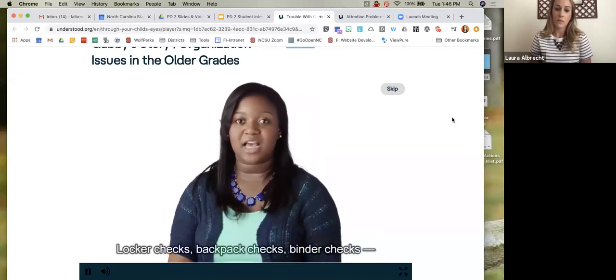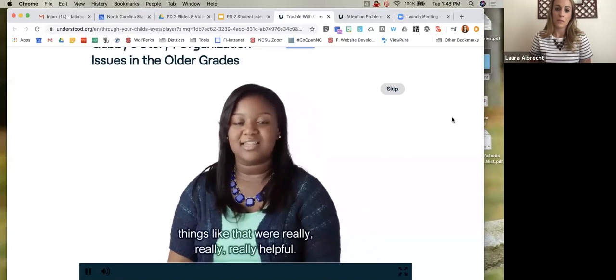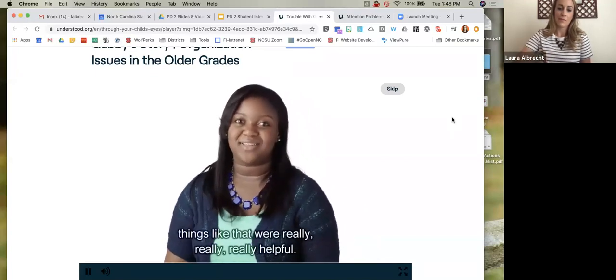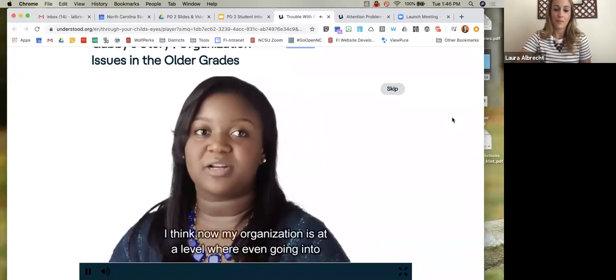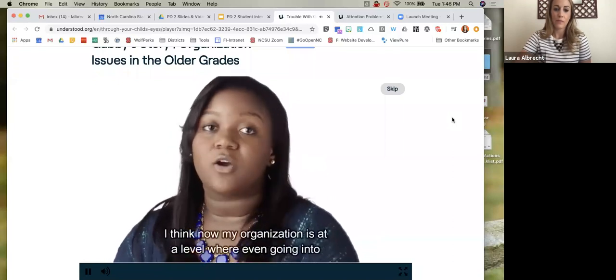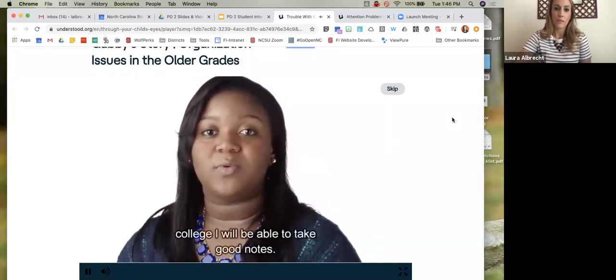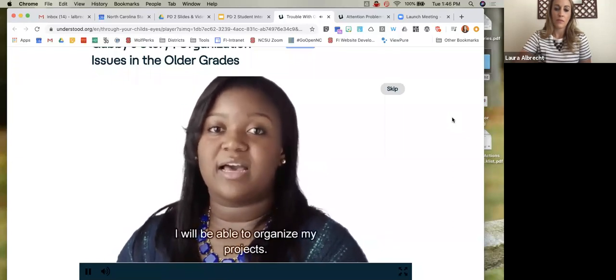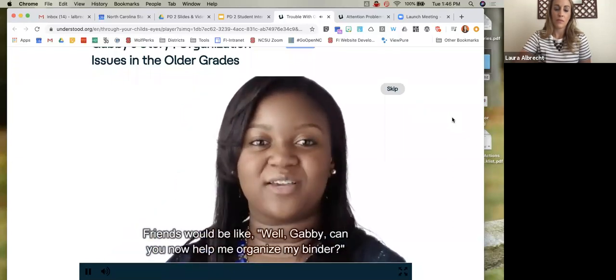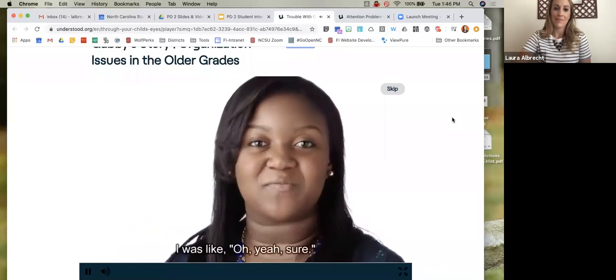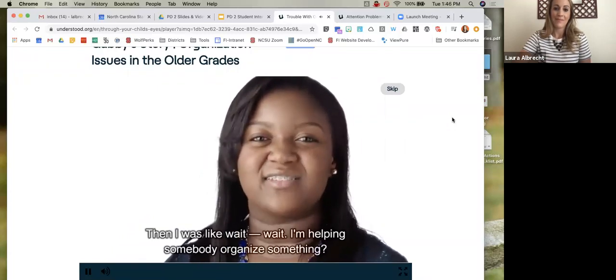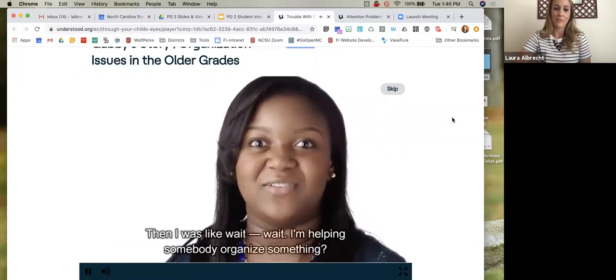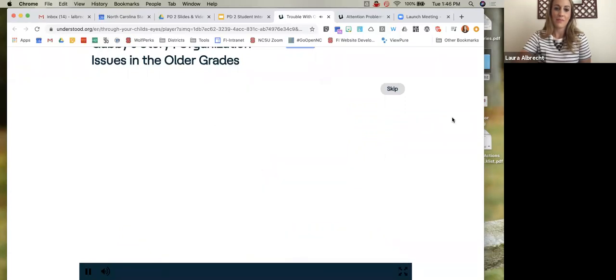Locker checks, backpack checks, binder checks, things like that were really, really helpful. I think now my organization is at a level where even going into college, I will be able to take good notes. I will be able to organize my projects. Friends would be like, well, Gabby, can you help me organize my binders? Like, oh yeah, sure. And I was like, wait, I'm helping somebody organize something?